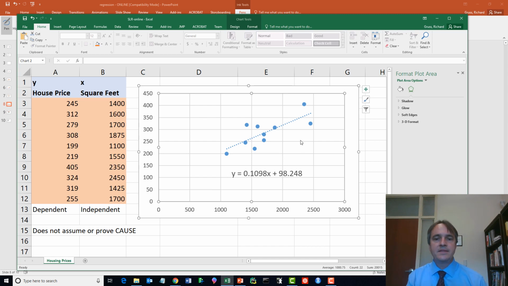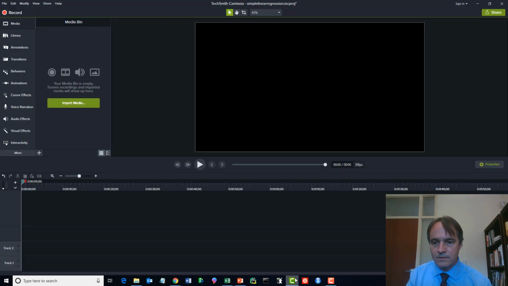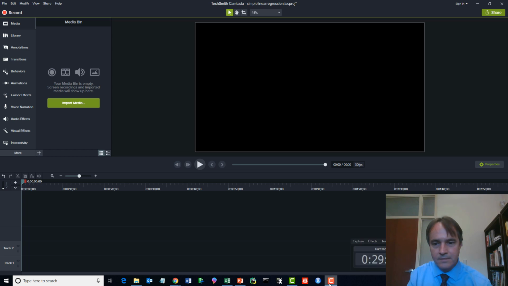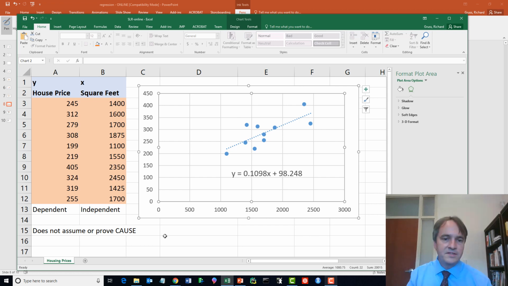So we did this using just adding a trend line, by right-clicking and adding a trend line.